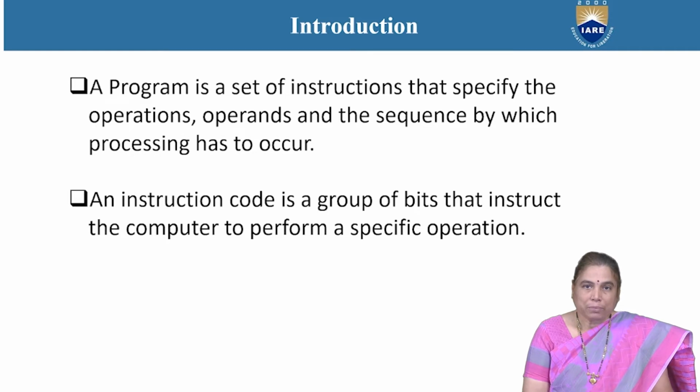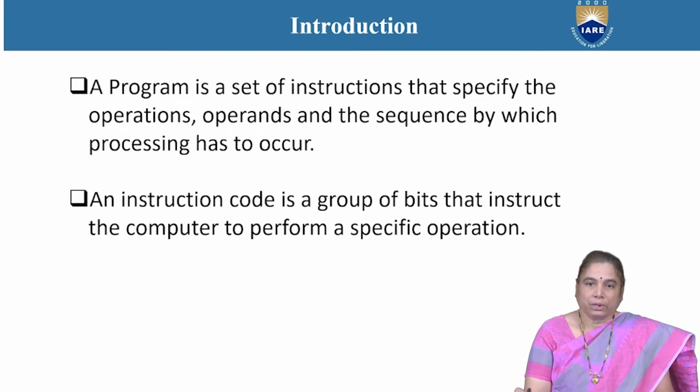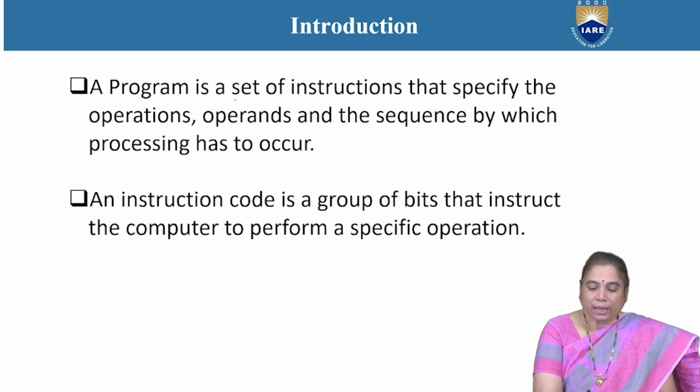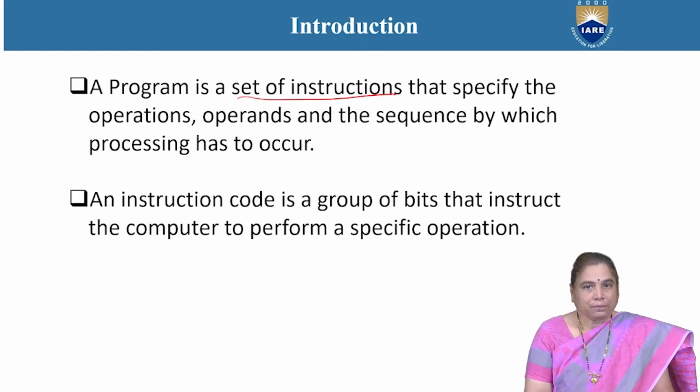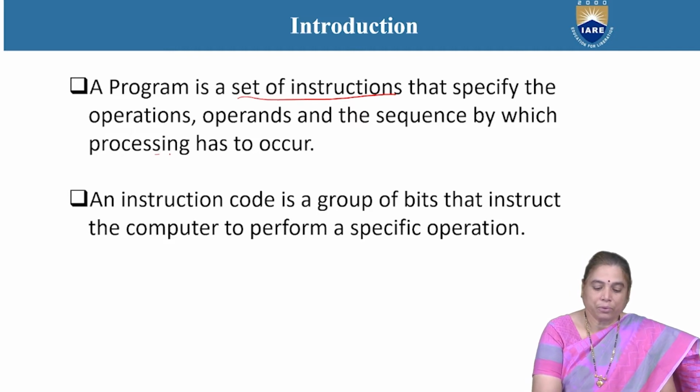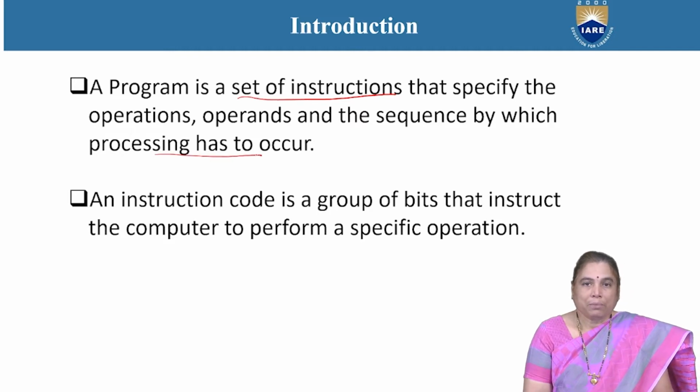A program is a set of instructions that specify the operations, operands, and the sequence by which the processing has to occur. The program is a collection of instructions, and these instructions can be executed one after another in a sequence, and the instruction can originate the operations that can be performed on the operands.